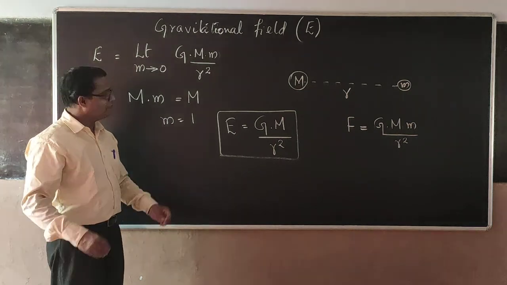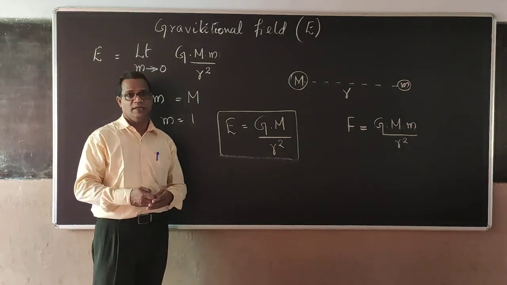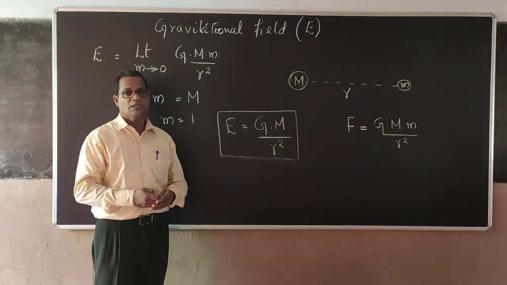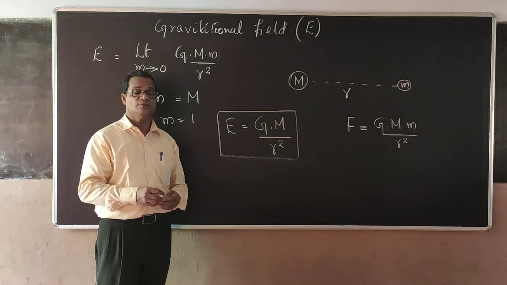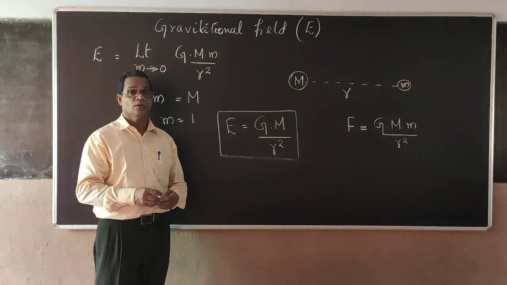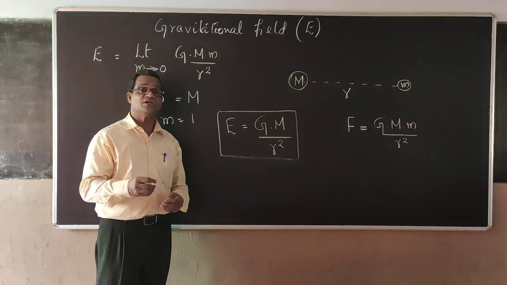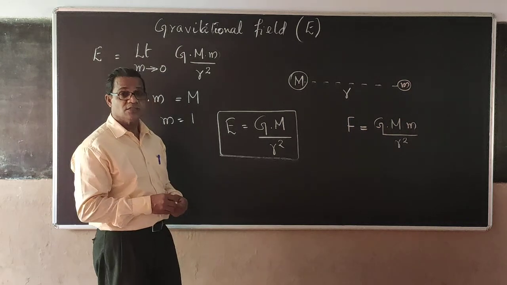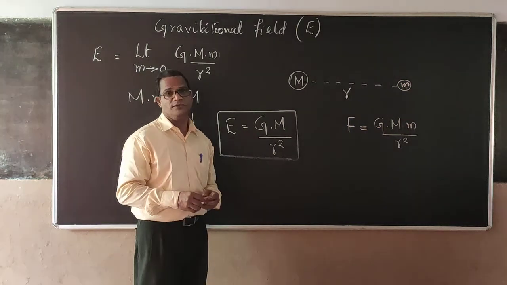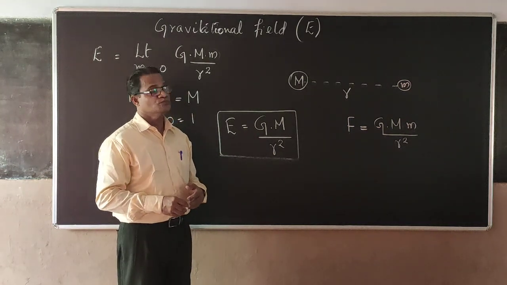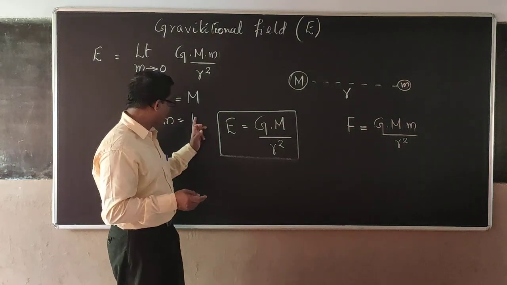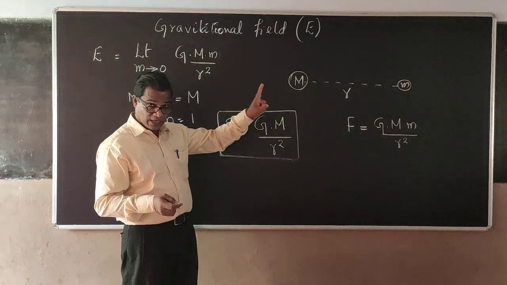So mathematically, how are we going to define it? Gravitational field at a point is defined as the force acting on a unit mass placed at that point. Force acting on a unit mass placed at that point.